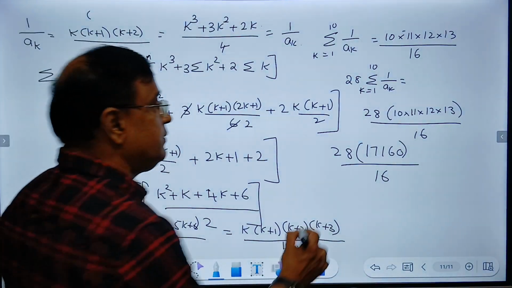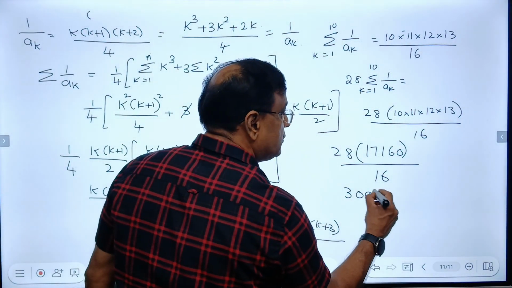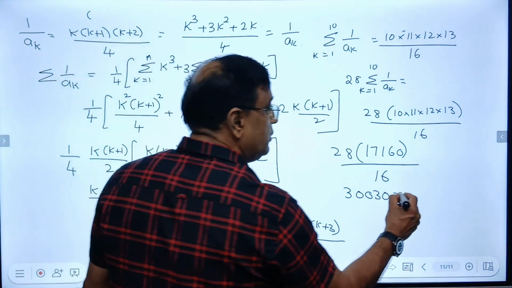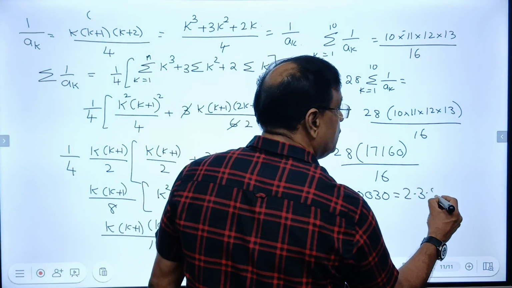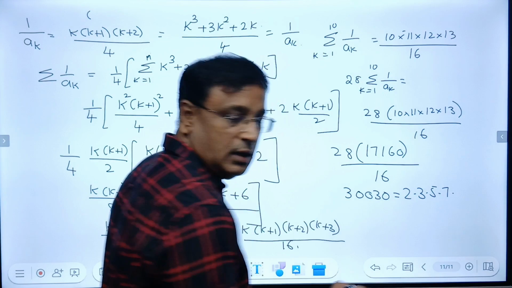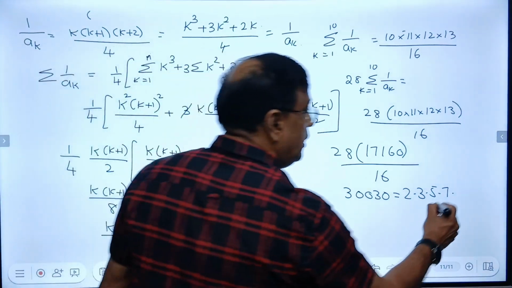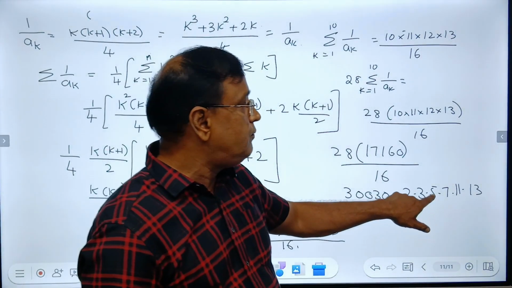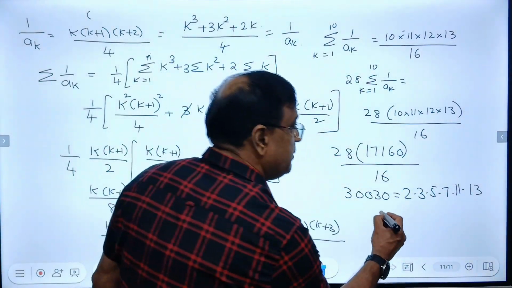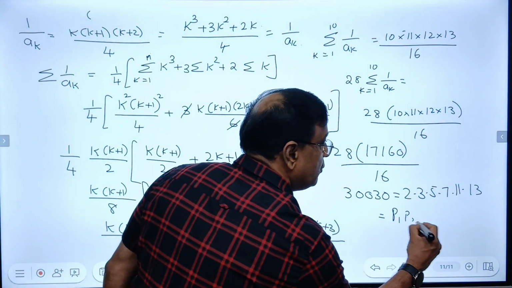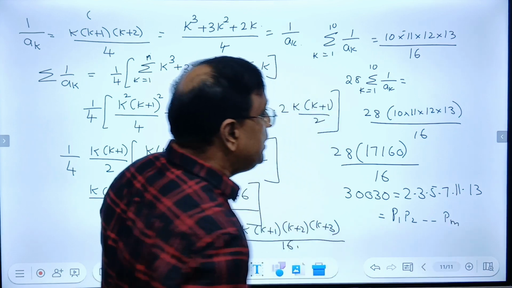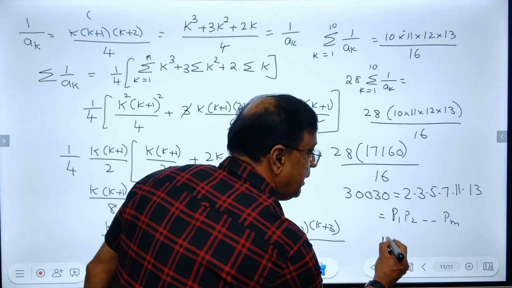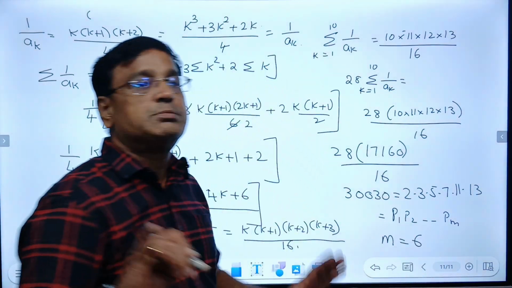If I simplify this, I am getting 30030, which, if you do prime factorization, is 2 into 3 into 5 into 7 into 11 into 13. You can cross check. This is the same as P1, P2 up to Pm. So how many primes are there? 1, 2, 3, 4, 5, 6. So m will be 6. There will be 6 prime numbers.